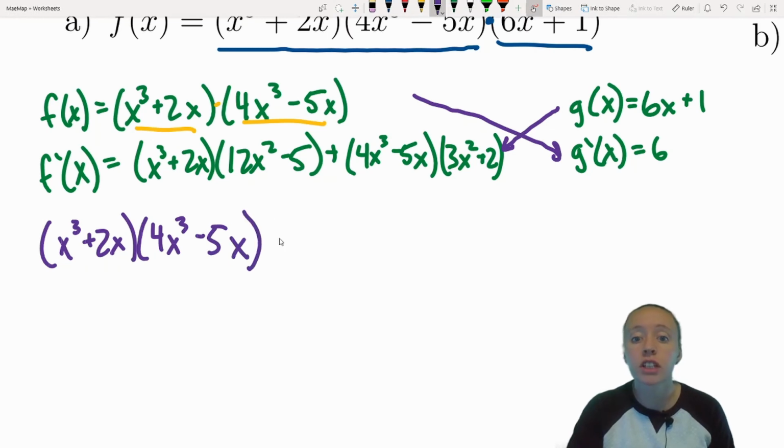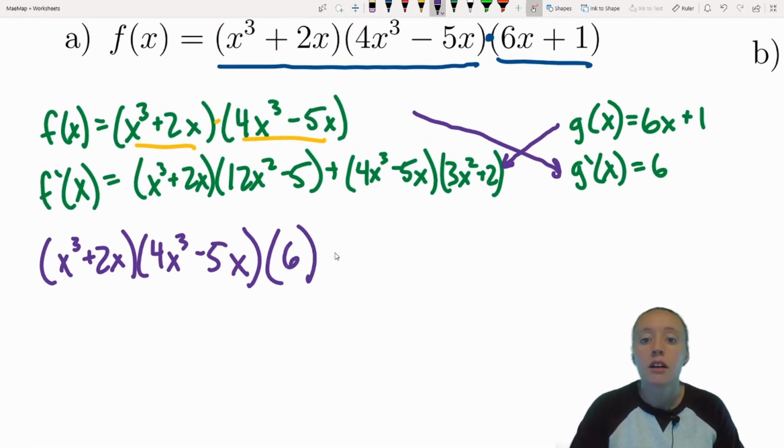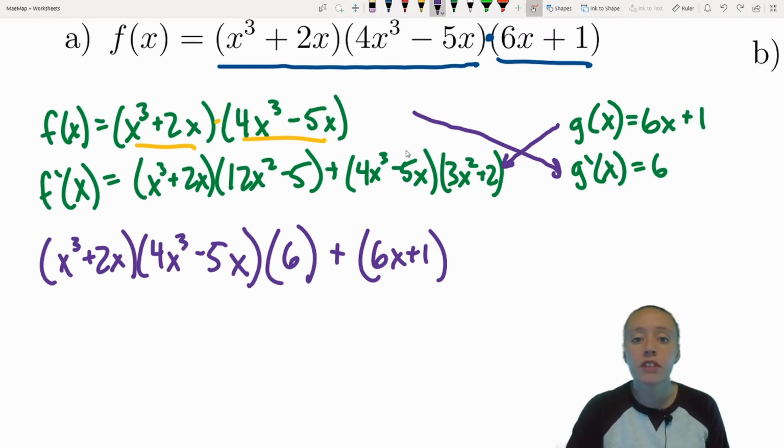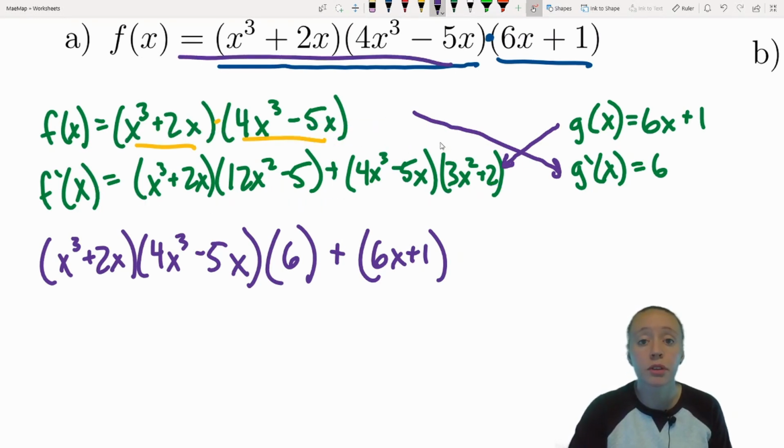That was my first function, multiplied by the derivative of my second function. That derivative was 6, plus my second function, 6x plus 1, times the derivative of that first function, which was those 2 polynomials combined.